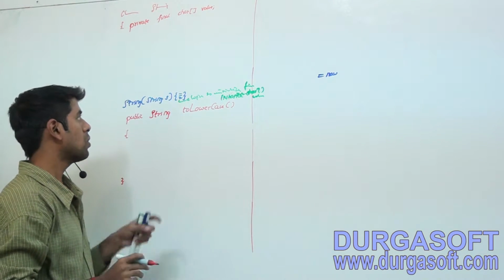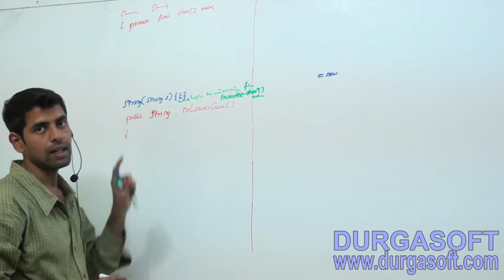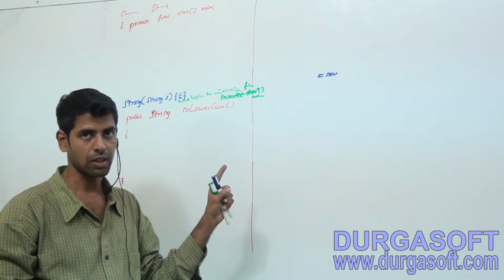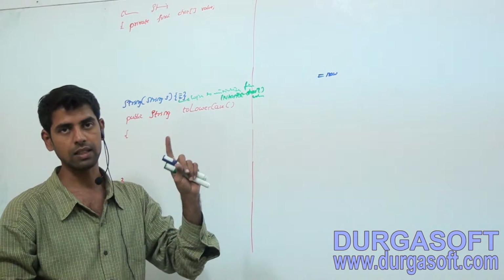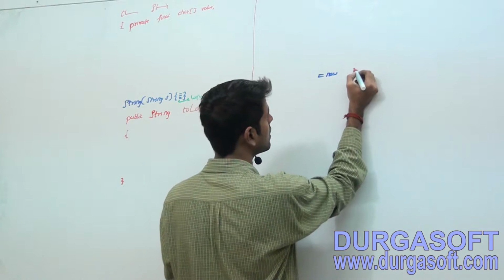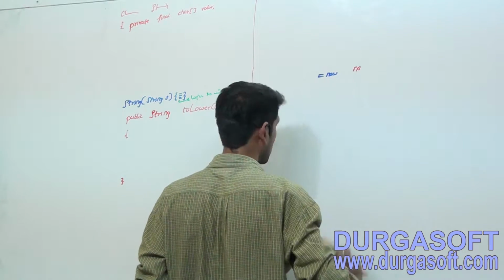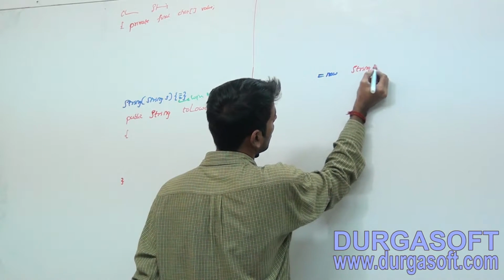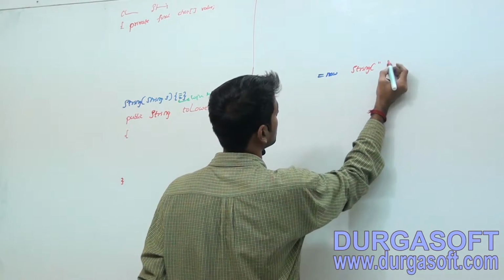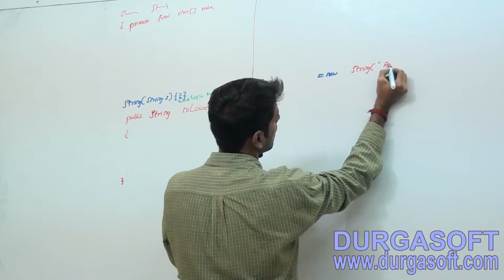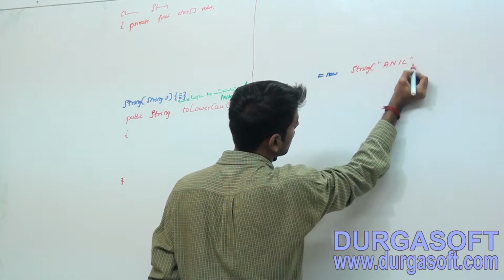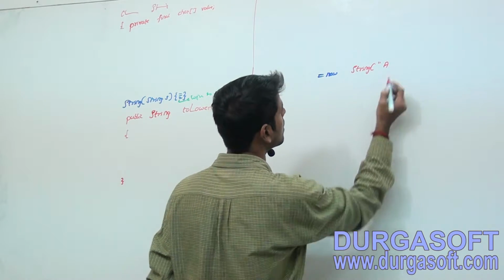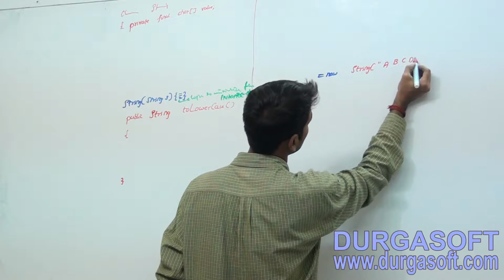Okay, of course I have explained that constructor in detail in our earlier session. It is simple. So here now I am going to use that constructor, new String of, let it be ANIL, and no need to go for A B C D.